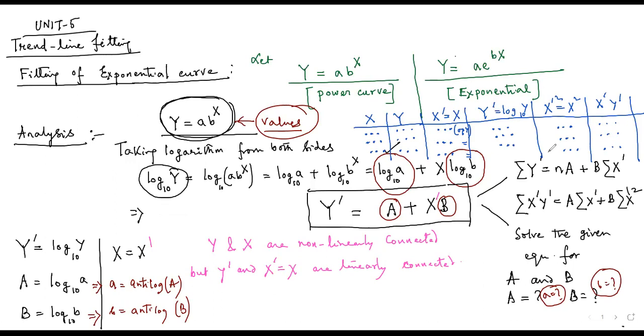But what is the basic hidden criteria that we are maintaining in all of these kinds of relationships? The hidden thing is that although the curve is non-linear, we want to extract out some sort of linearity from it, and we want to analyze that hidden linearity inside the curve, because direct non-linear trend analysis is not possible in this particular case.